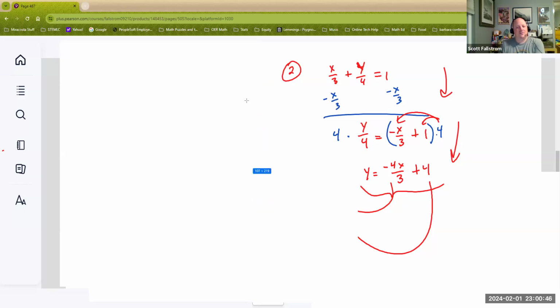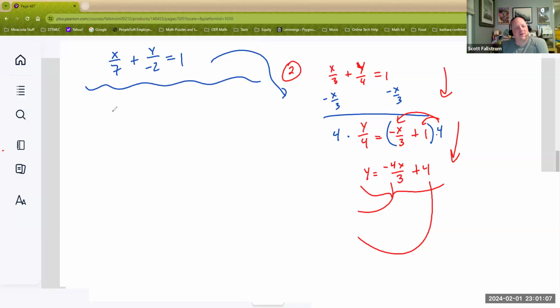If you're like, hey, I don't even know what you're talking about, what do you mean be more efficient? If you gave me another problem later, and you said, Scott, what about x over 7 plus y over negative 2 equals 1? Can you find the slope and the y-intercept? I could still go over here and do the same 2 steps and get to the end, right? But if I stop and I say, wait a minute, let me generalize x over a plus y over b.